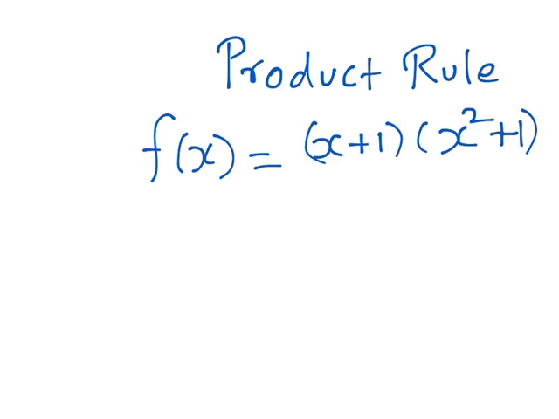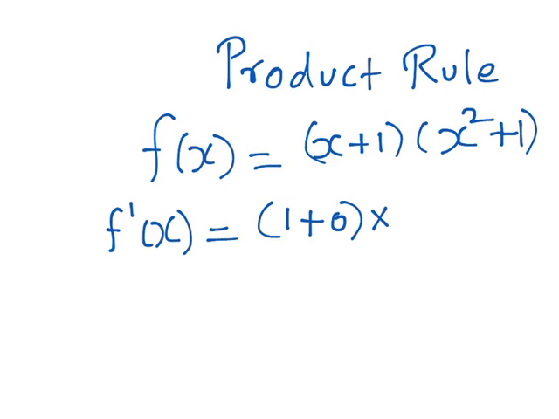Okay, f dash of x equals, as you can see there are two functions in product. The first function is x plus 1 and the second function is x square plus 1. So what I'm going to do is find the derivative of the first function, which is 1 plus 0, multiplied by the second function as it is, that is x square plus 1.